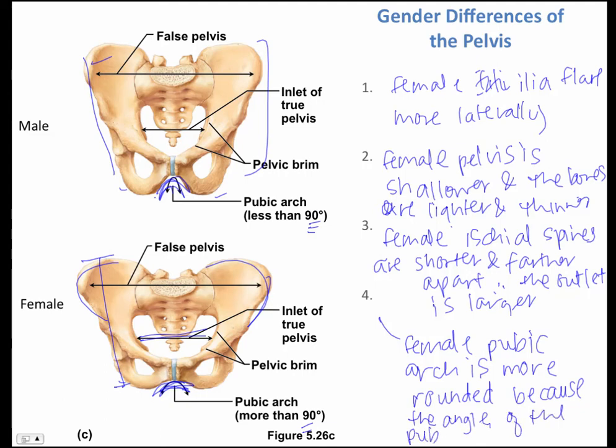The angle of the pubic arch is greater than 90 degrees.